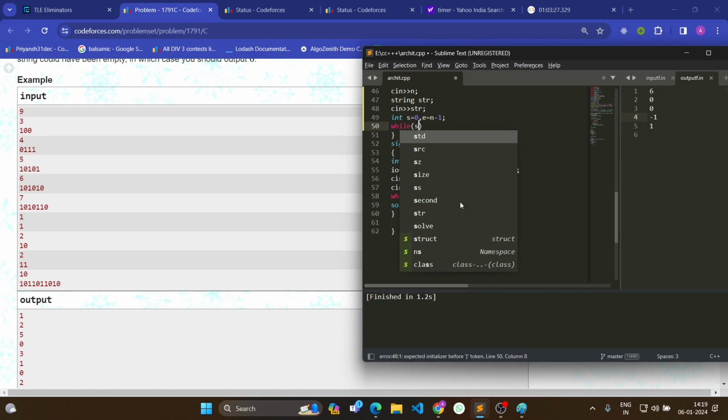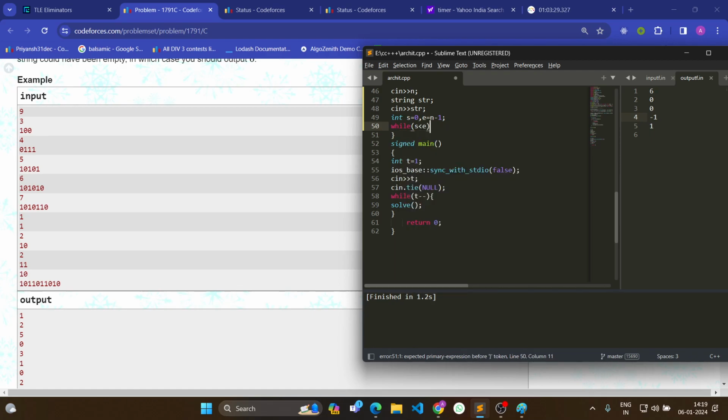While s is less than e. Anyways, it does not make sense to go till equals because you'll get just one value. So int x equals str of s minus 0 and int y equals str of e minus 0.